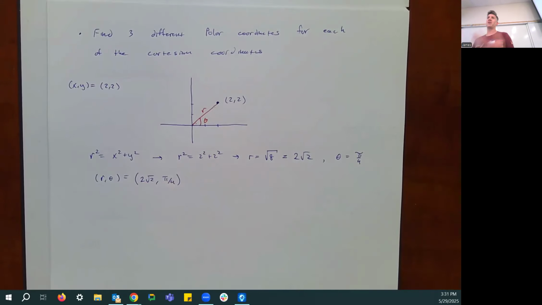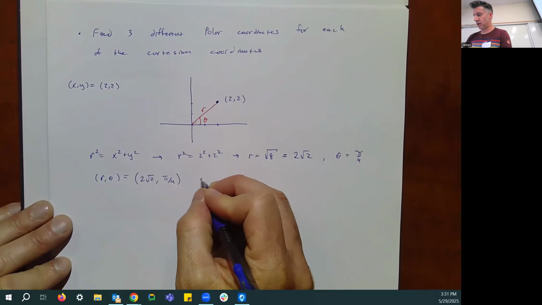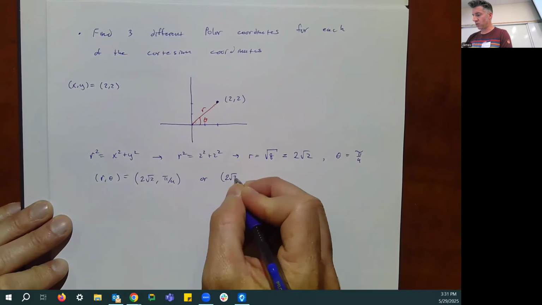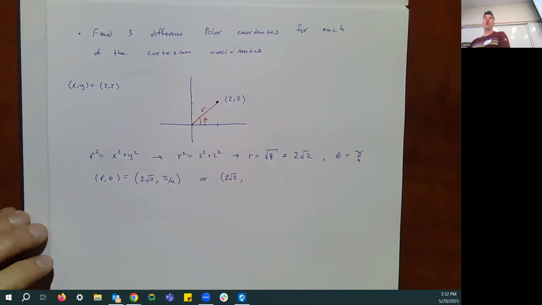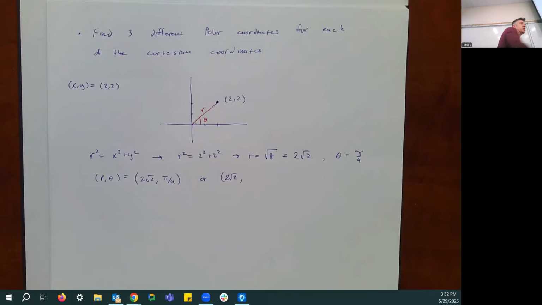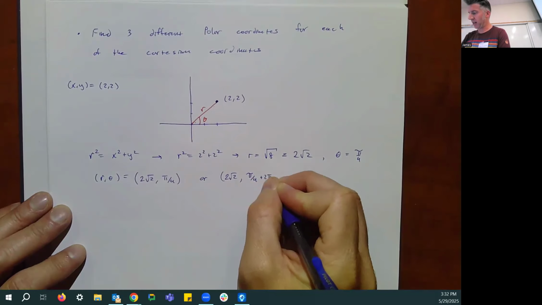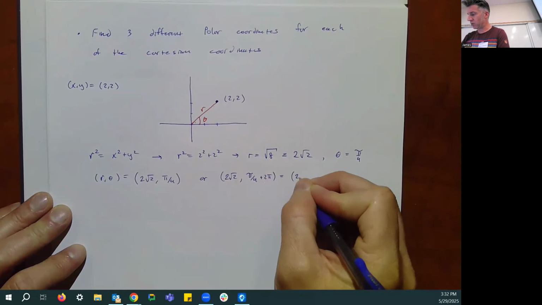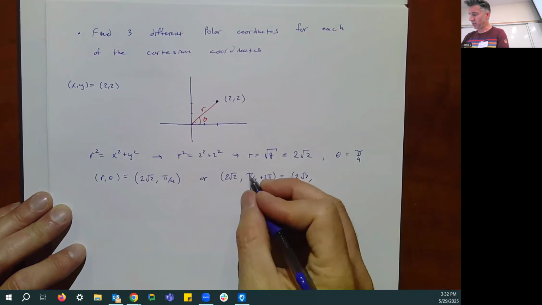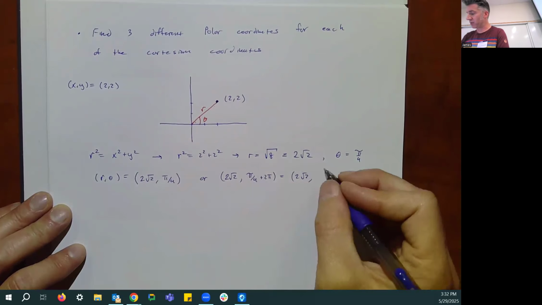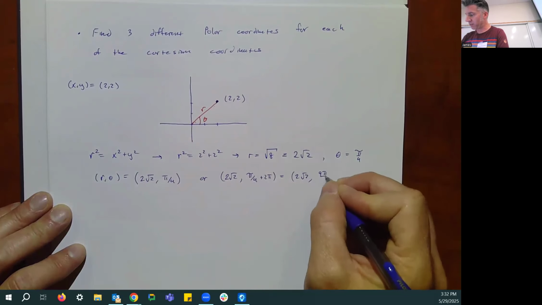And now we just want to come up with two other answers. So another answer could be, say, 2 root 2 and just add a whole revolution to that angle. So you could add 2 pi to pi over 4. I'm even going to write it just as pi over 4 plus 2 pi, but then I should simplify that. That's 2 root 2, comma, 9 pi over 4.